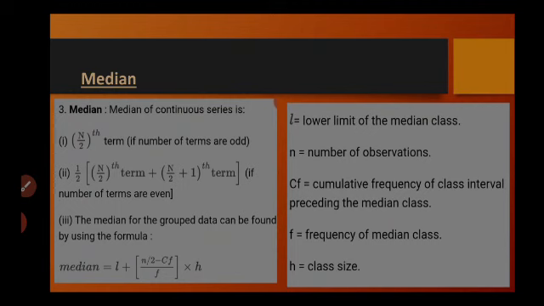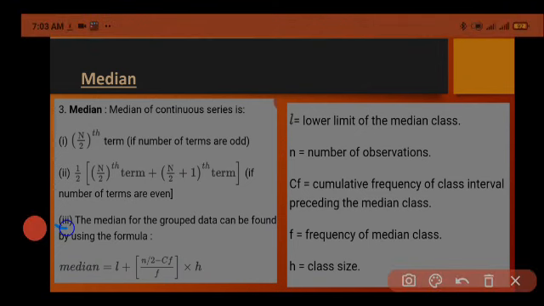And the third one which we have to study this year, for grouped data, the median can be found using the formula: median is equal to L plus (n by 2 minus CF) by F into H. Okay, here L is the lower limit of the median class. N is the number of observations. CF is the cumulative frequency of the class interval preceding the median class, not the median class itself. F is the frequency of the median class and H is the class size.